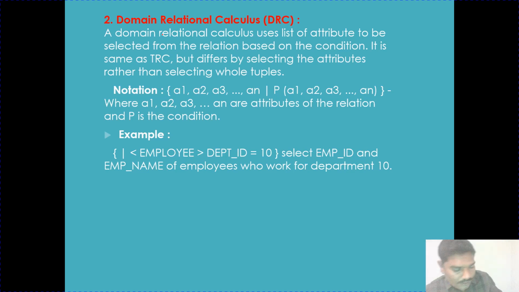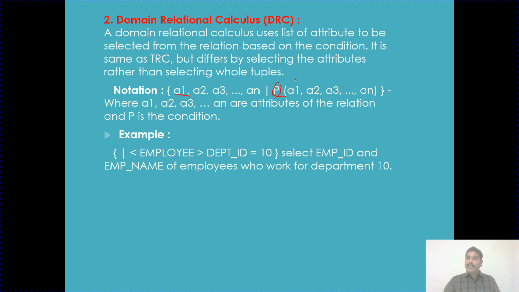So here is the notation, for example A1, A2, A3 and so on, up to AN. Next, P(A1, A2, A3, ..., AN), where A1, A2, A3 and so on up to AN are attributes of the table, and P is the condition.